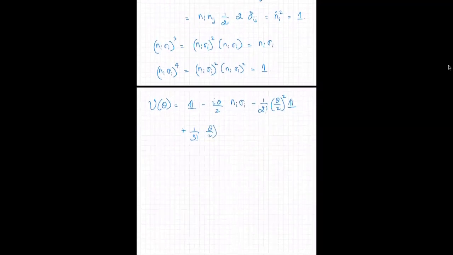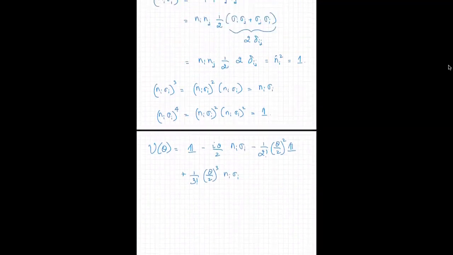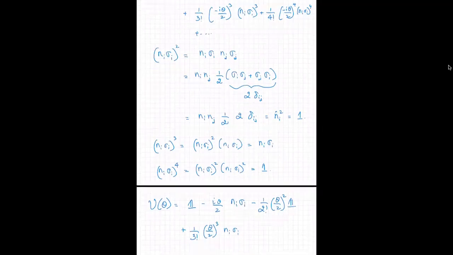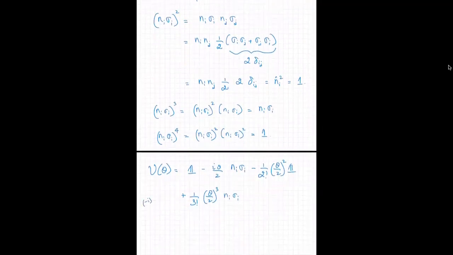So plus (theta over 2) cubed n_i sigma_i. And the next term, to finish it off, is (minus i) to the 4th, which is (minus i) squared times (minus i) squared, which is plus 1.